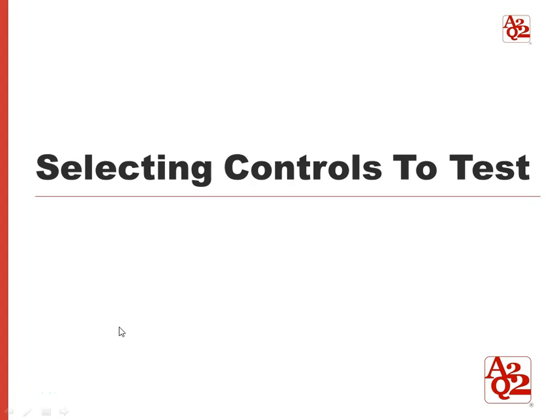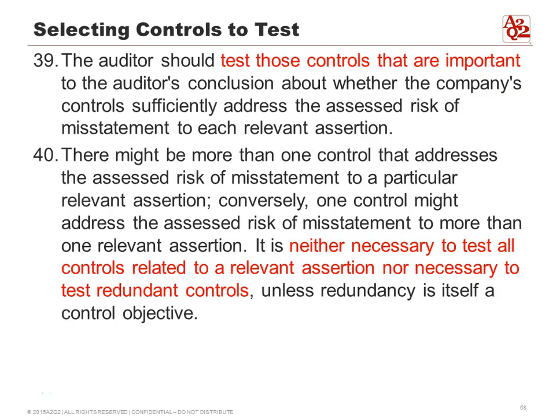Selecting controls to test. So paragraph 39 talks about testing the controls that are important. As you might have remembered in AS2, there were lots of controls that people were testing. Anything that was called a control, people just tested. And in AS5, it's really narrowed down to controls that are important.